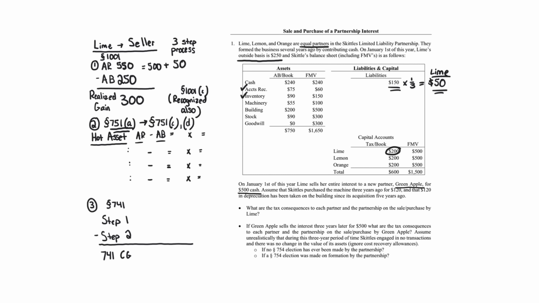Machinery, that's questionable. Unrealized receivables include Section 1245 recapture. Now, there's no 704(c) issues in this problem because they all formed a business several years ago by contributing cash. No 704(c) issues. So that means the business acquired this machinery. And we're even told that Skittles, the partnership, purchased the machinery 3 years ago, and we're told that the basis now is $55.